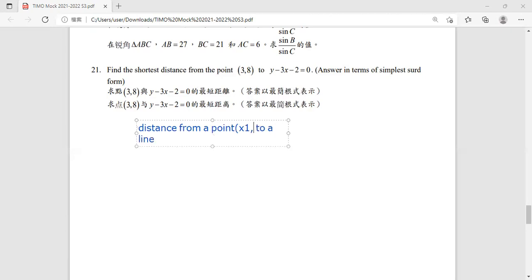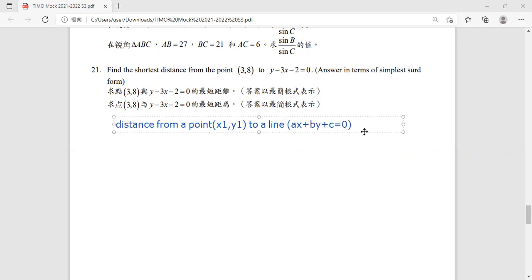Say this is X1, Y1. And this is the formula. I give you the formula. You just substitute it directly.